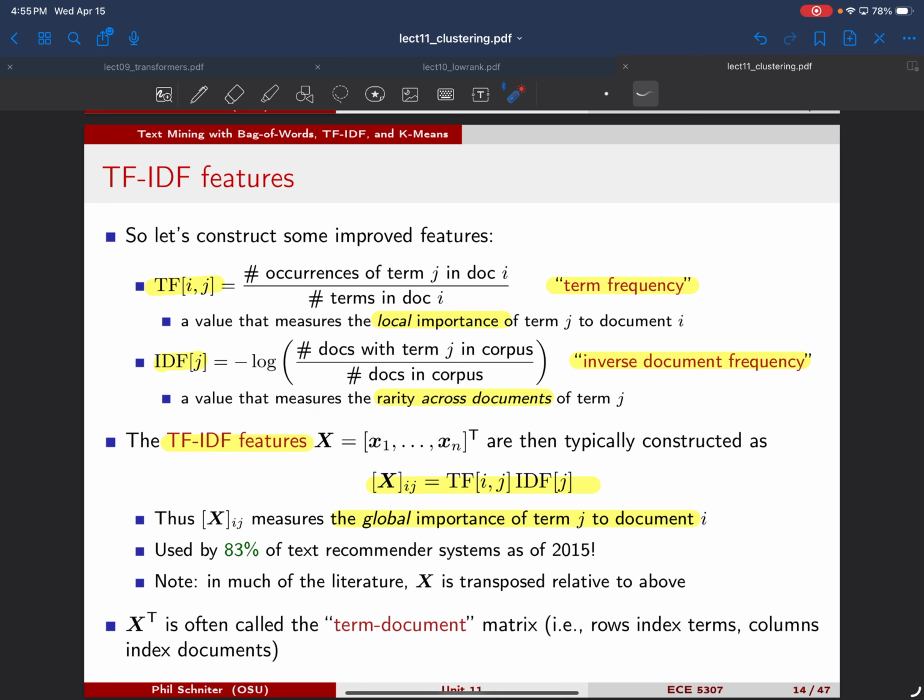But if you start reading papers and books in this literature, you'll see that most people transpose the X that we're used to seeing. Okay, just a note. So they often refer to it as the term document matrix.